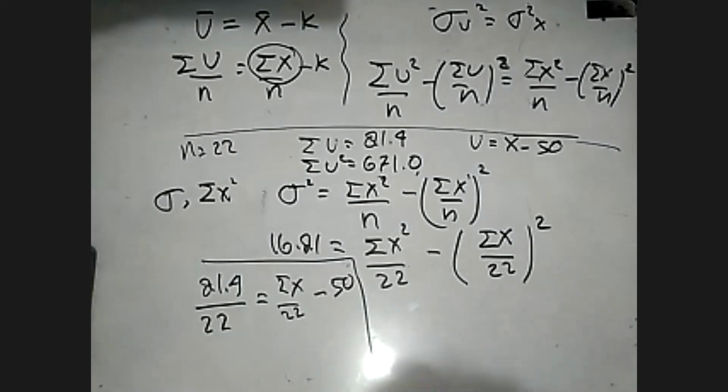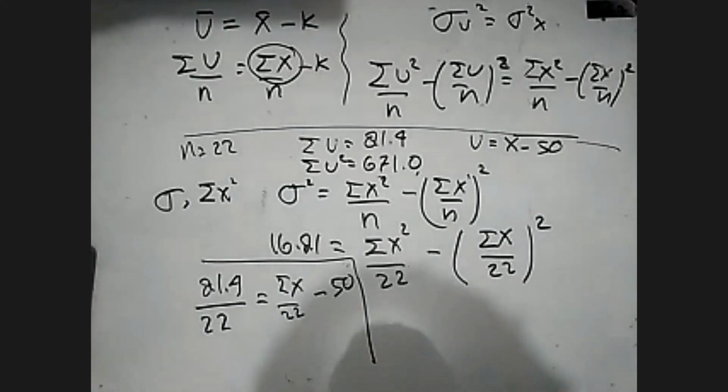With this data here, I want William to calculate what is sigma x, sum of x. I'm going to guide you step by step. Please be ready with your calculator.